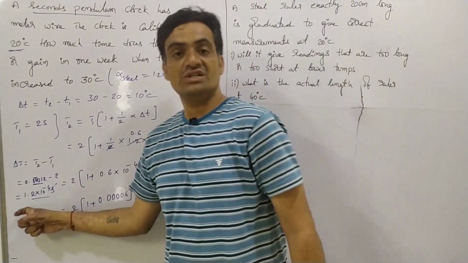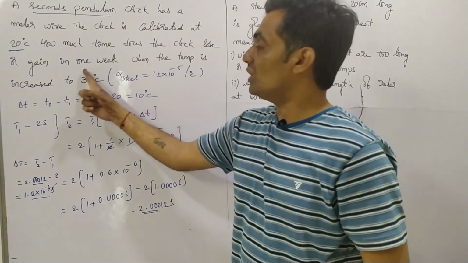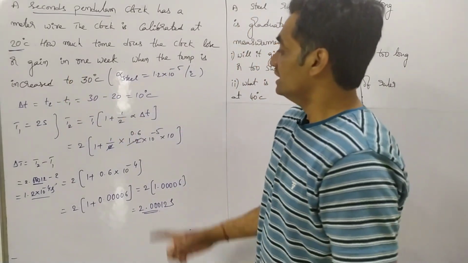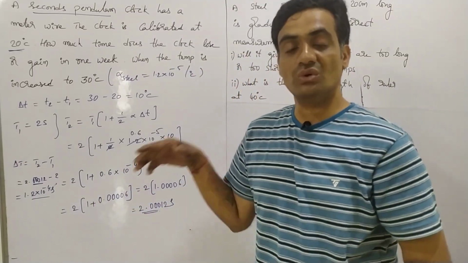So this is the change in time period. Now we have to find the time lost or gained in 1 week. Since the time period has increased, the time will be lost. It takes more time to oscillate.